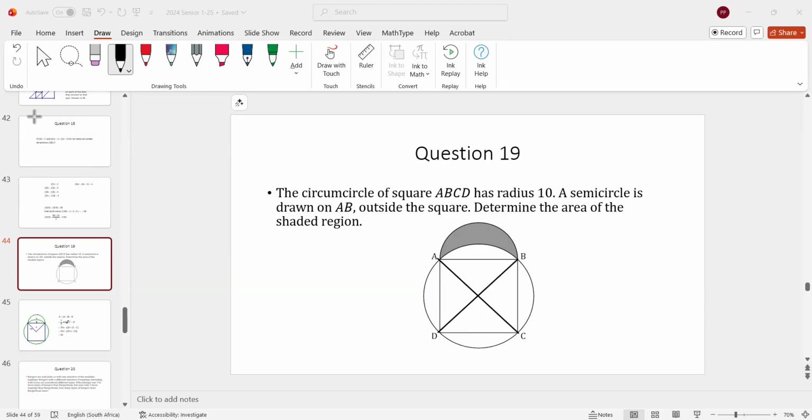So it means that all these lines which come out from here, they're all equal. So that has to be radius now, you see, because this is the distance from the center of the circle, which is the center of the square, where the two diagonals meet. Okay, it says that this thing has got radius 10, so this is 10. All these are 10.